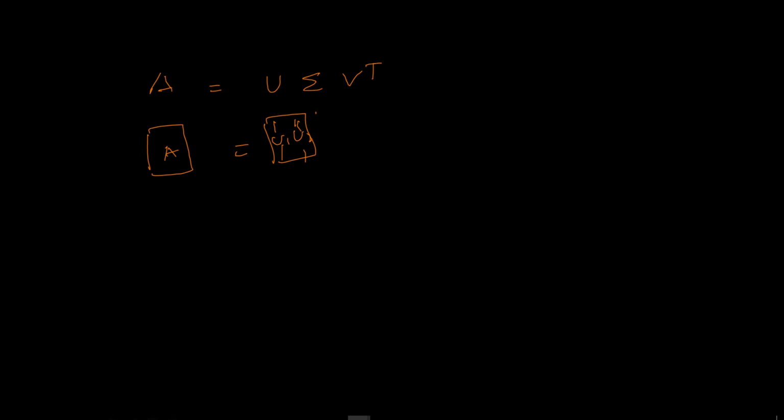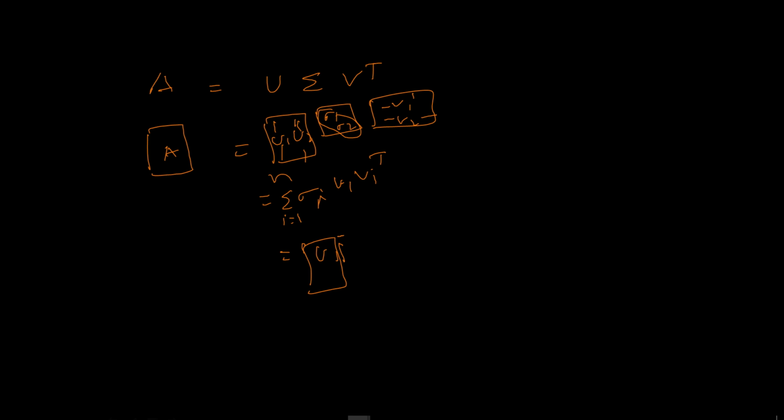If there are 2 eigenvalues, then it is simply u1 sigma 1 v1 transpose plus u2 sigma 2 v2 transpose. This is going to have a great impact, and with an example I will try to explain the things.